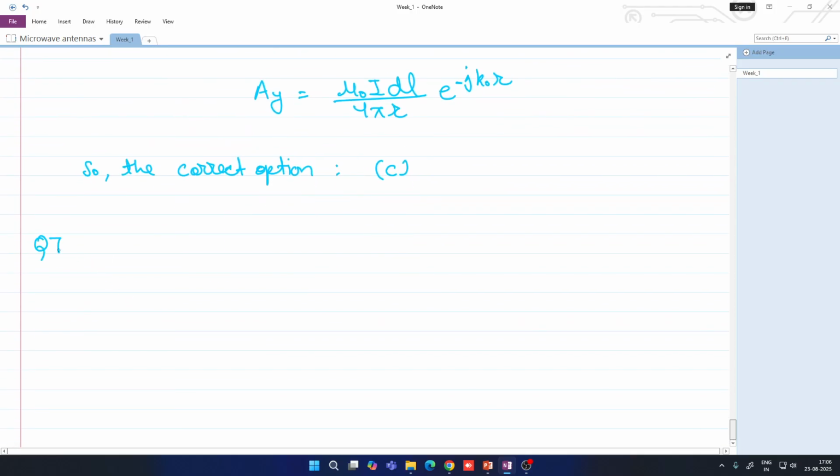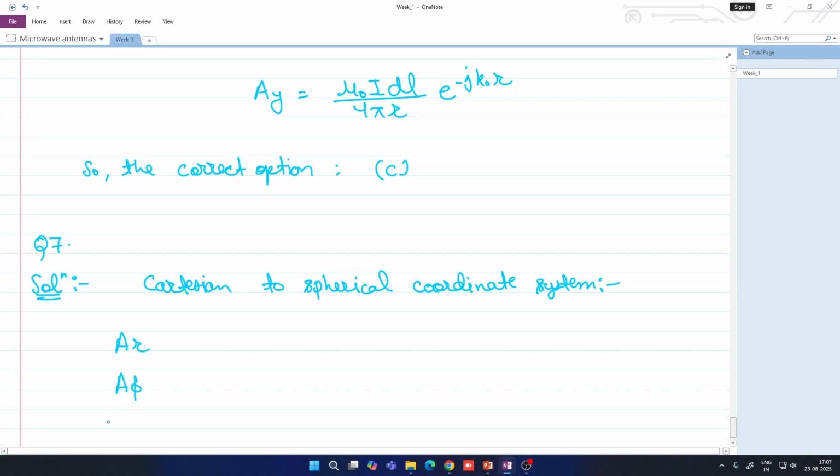So what we have to do here is write from the Cartesian to the spherical coordinate system. So A_r, A theta and A phi.